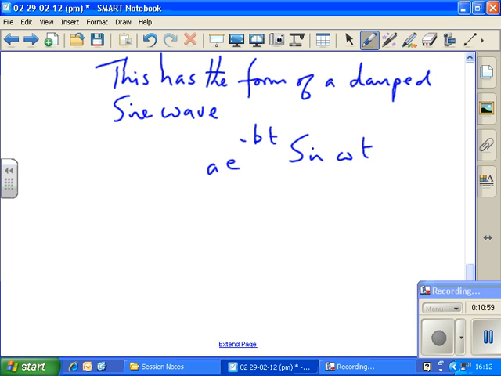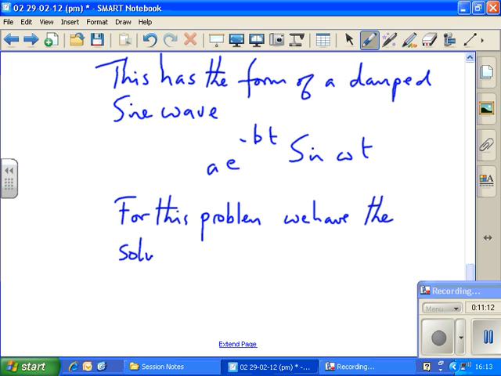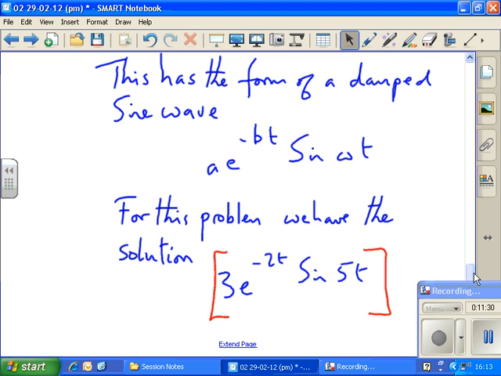So therefore, for this problem, we have the solution: A is 3, e to the minus 2t sine 5t. That might be the solution to a circuit.